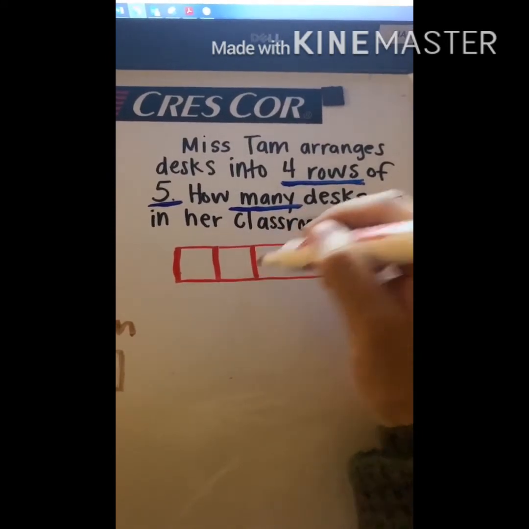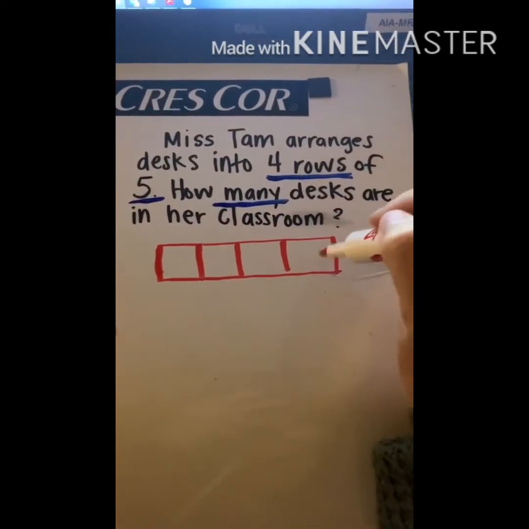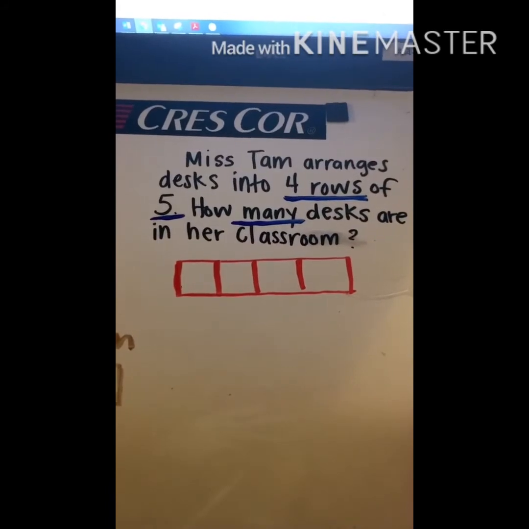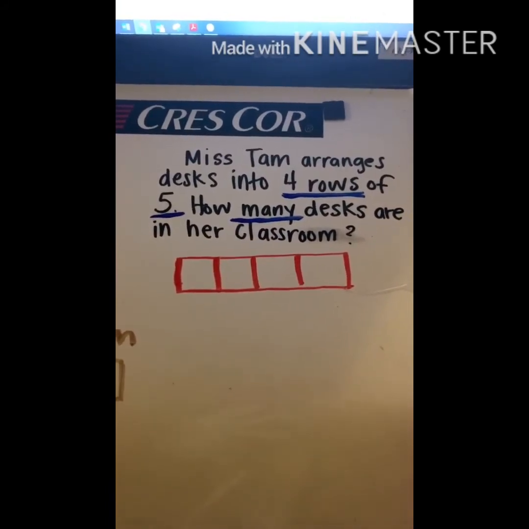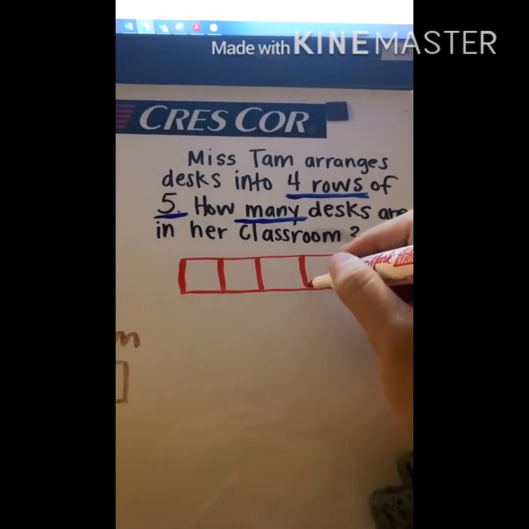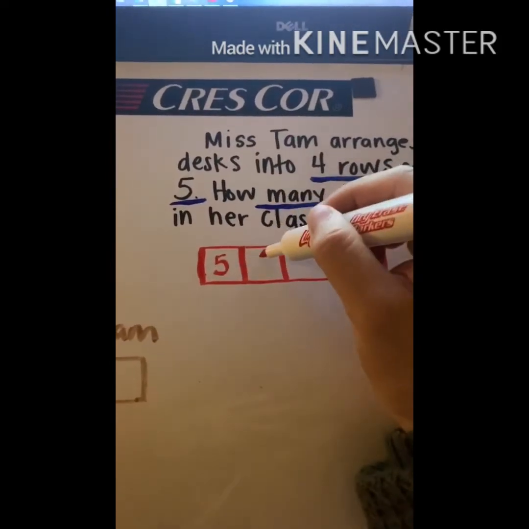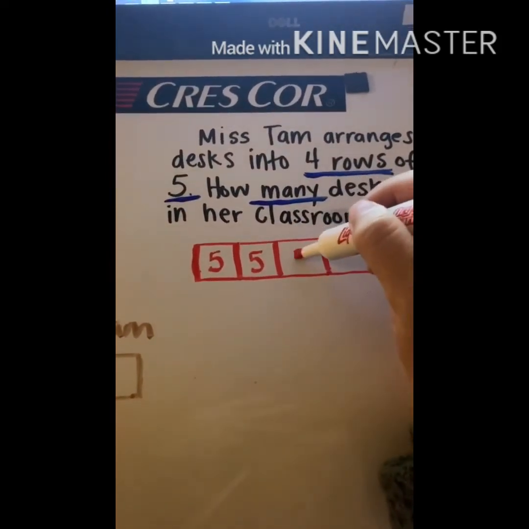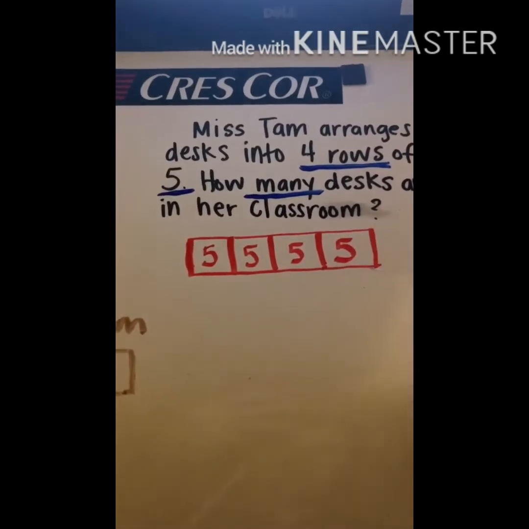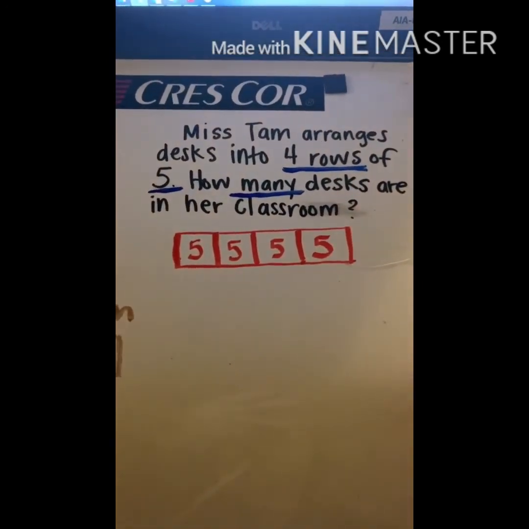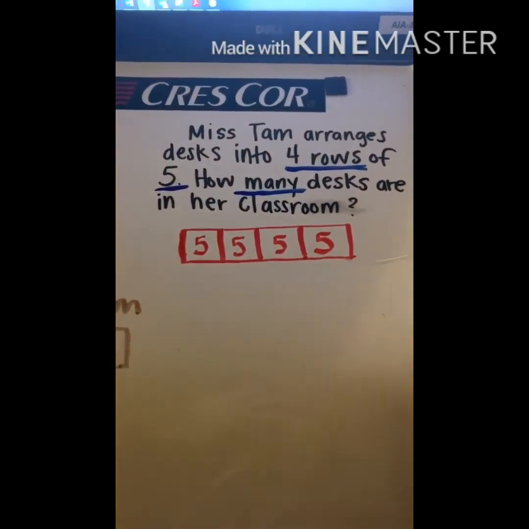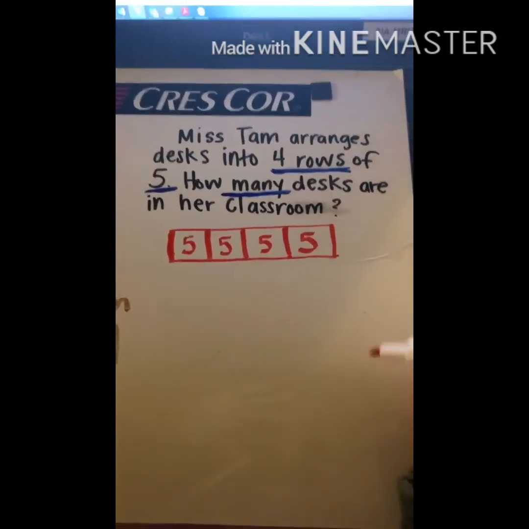So I'm gonna make 4 spaces. 1, 2, 3, 4. And remember, they have to be equal because we're making equal groups. Now, each row has how many desks? Yep, 5. 5, 5, 5, and 5. Now, I need to find how many are all together in her classroom.